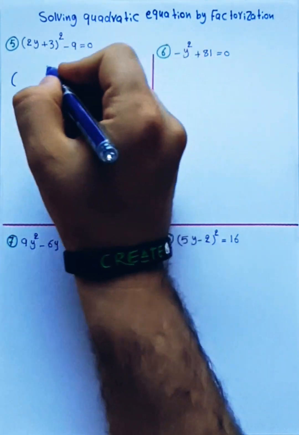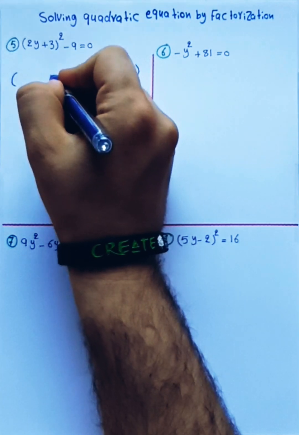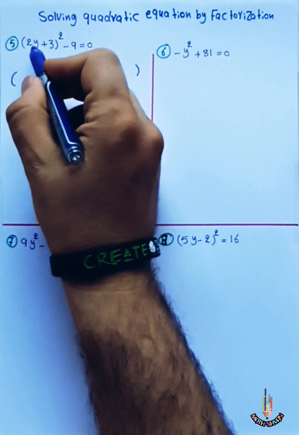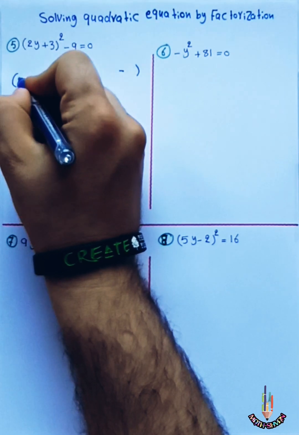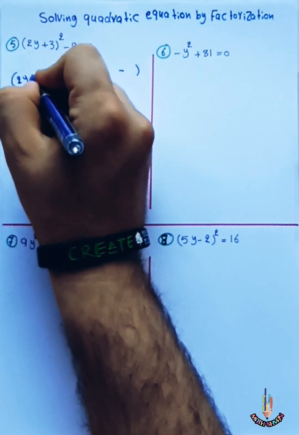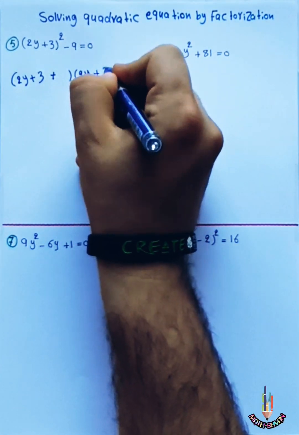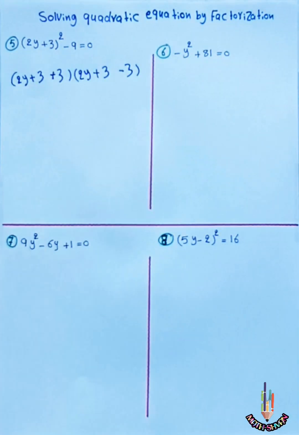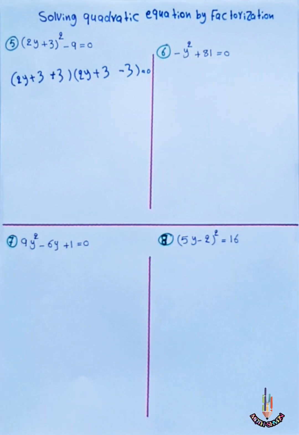We have to draw two parentheses, and the first one is add, and the second is subtract. 2y plus 3 squared comes from 2y plus 3 multiplied by 2y plus 3, so we have to write the first 2y plus 3 in the first parenthesis, and then the second in the second parenthesis, 2y plus 3, and then 9 comes from 3 times 3, equal to 0.